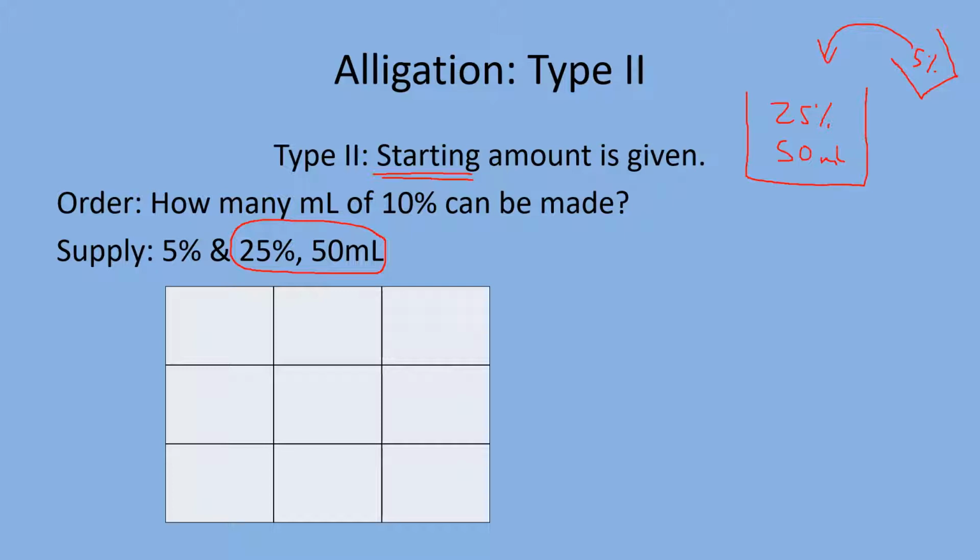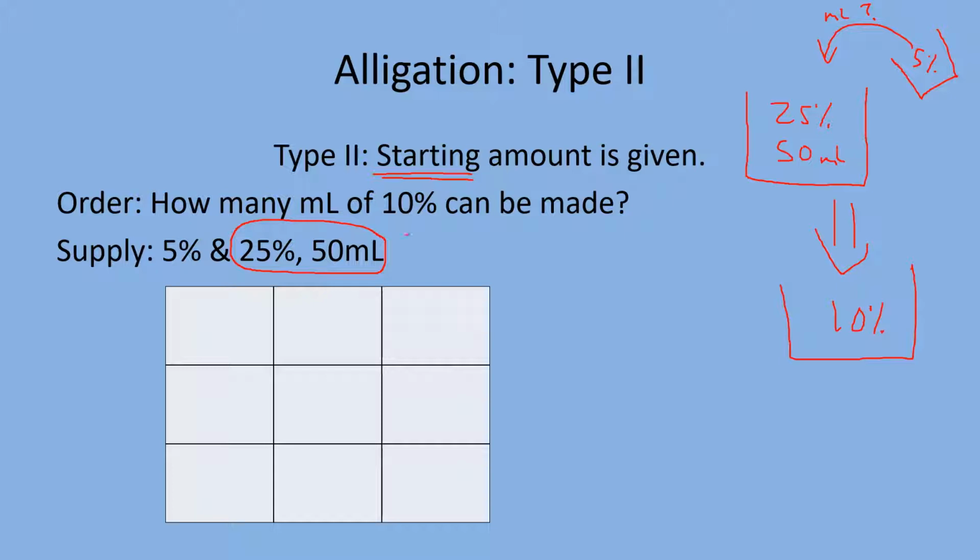And then in the end, it needs to be 10%, right? So once you're done, in the end, you need 10%. But you don't know the volume because you don't know how many mLs you entered, right? So that's what we got to figure out. How many mLs of 5% to add? So how many mLs of 25% are we going to use? 50, right?